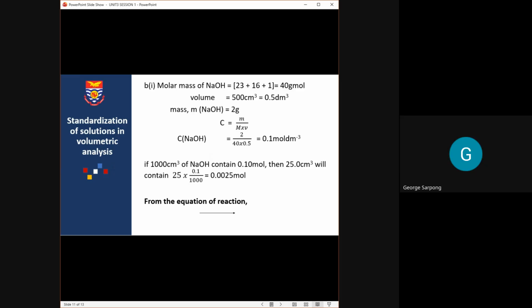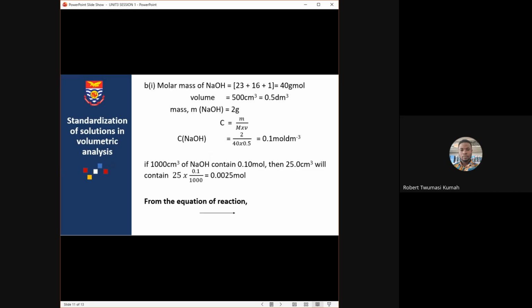Okay. Yes, sir. We could have used the formula, but it is advisable that you start with the first principle, and this is the first principle. Okay, so now we know the number of moles in that small portion that we have fetched. And it is those number of moles that reacted with the volume of the acid that was used.